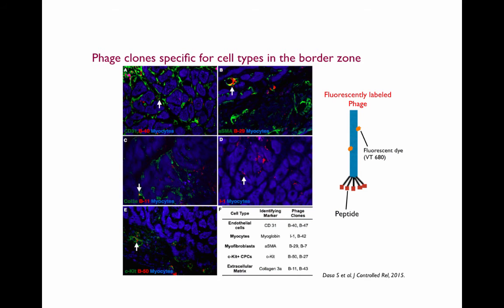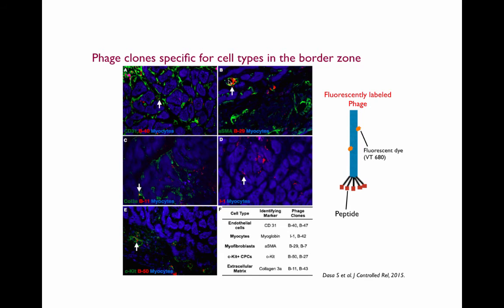We then chemically synthesize the peptides and we can conjugate them to liposomes. We can also use the phage themselves as imaging agents, and we put a fluorescent dye there, and this is how we look at some of the specificity. So this B40 is an endothelial binder. It co-localizes with CD31, which is an endothelial cell marker.